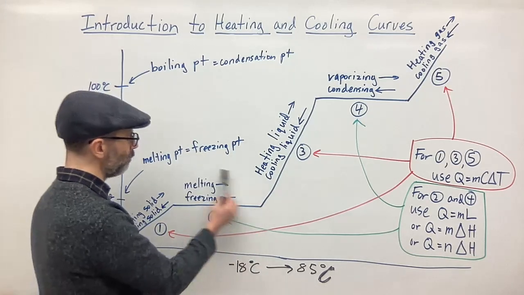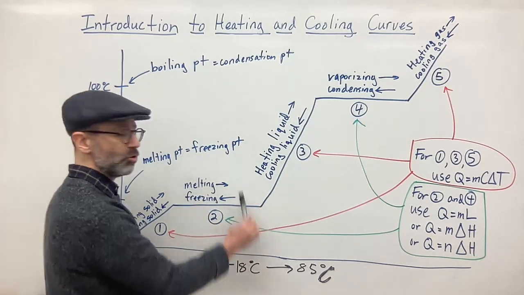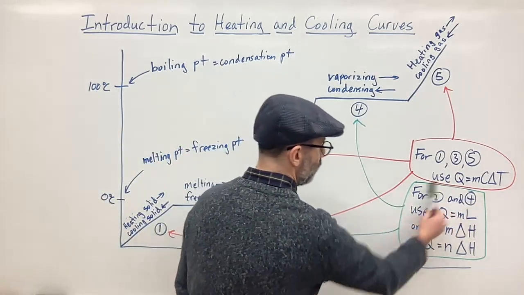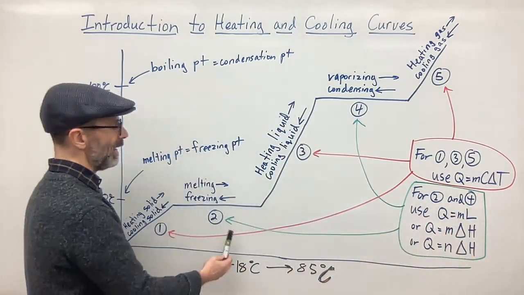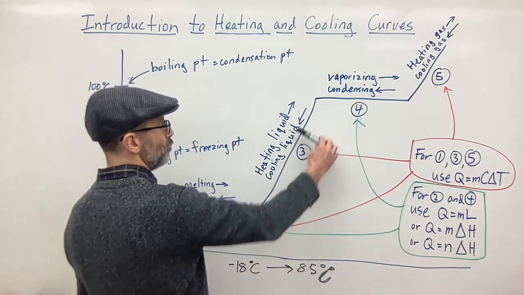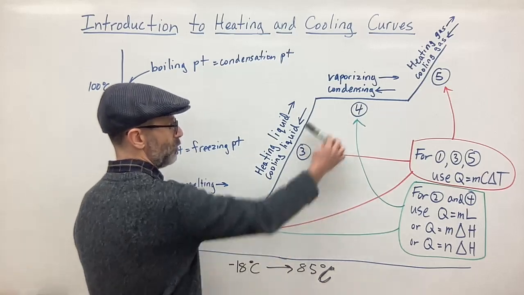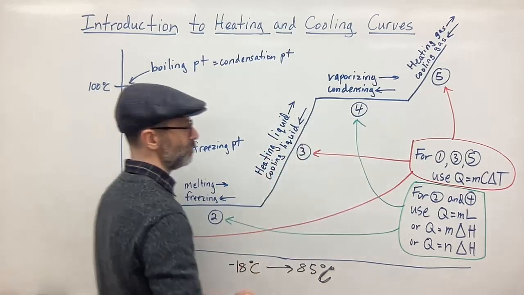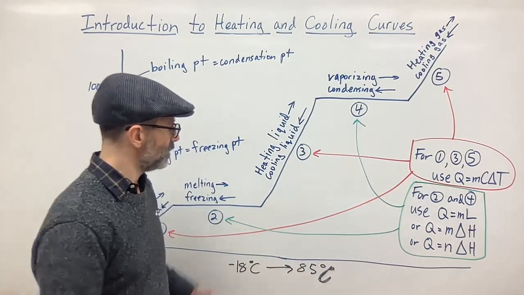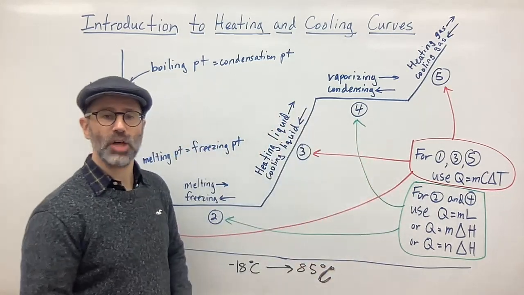Then I find the amount of heat that is needed to melt that ice, so I'm going to use the latent heat equation here. Then from 0 degrees to 85 degrees in this range, I calculate the amount of heat used using mcΔT again, and then I add those together. And so that's how you want to go about solving the problem.